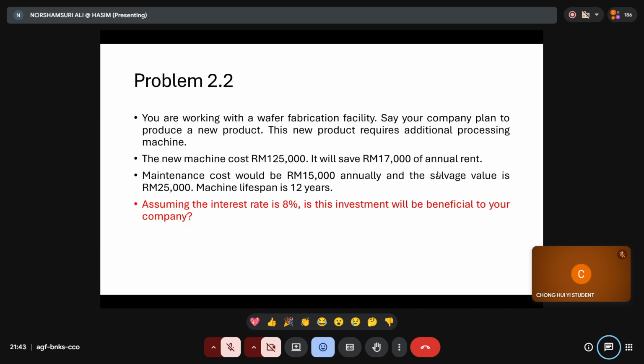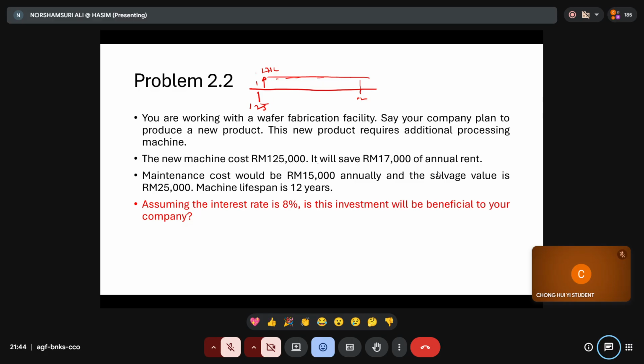It's easy if you can write the cash flow diagram. The new machine costs you 125, so in year one, for example. And then you have 12 years, and it will save you 70,000 annually. So 70,000 you get annually until the 12 years.